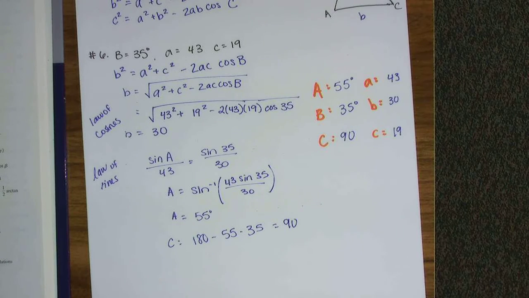Yeah, they get A to be 123 and C to be about 22.